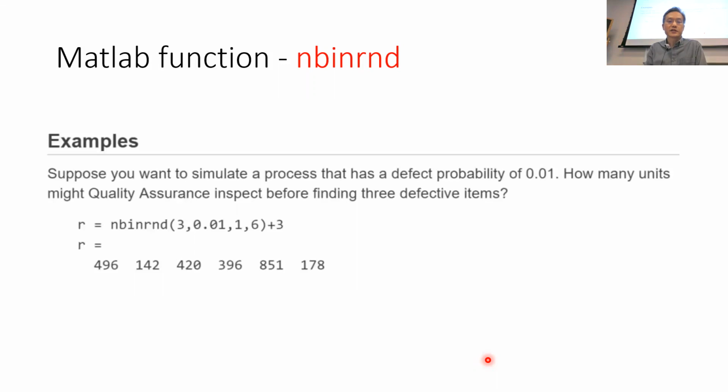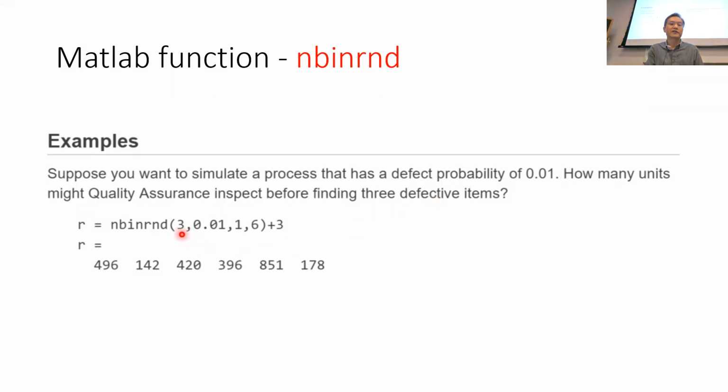So that's one example. Say you have trials for quality control, and some product has a defect rate of 0.01. So if you have 100 products, you're supposed to have 1 defective one. How many units might this quality assurance inspector check before finding 3 defective ones?